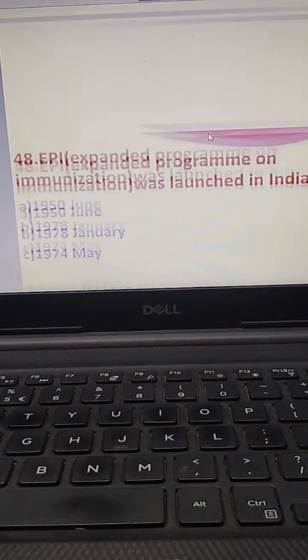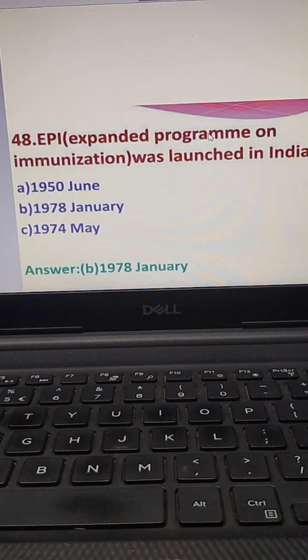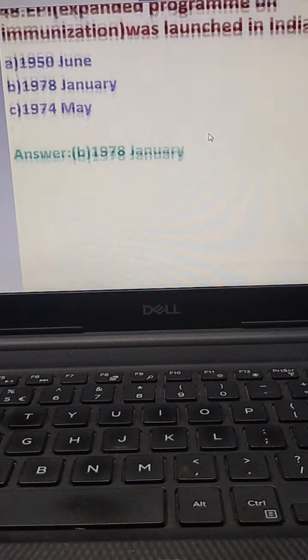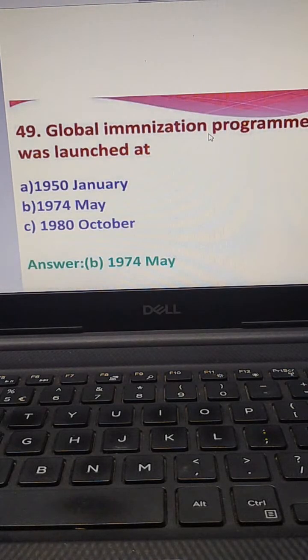Then next question, expanded program on immunization was launched in India 1950 June, January 1978, May 1974. The answer is 1978 January. The next question, global immunization program was launched at January 1950, 1974 May, 1980 October.